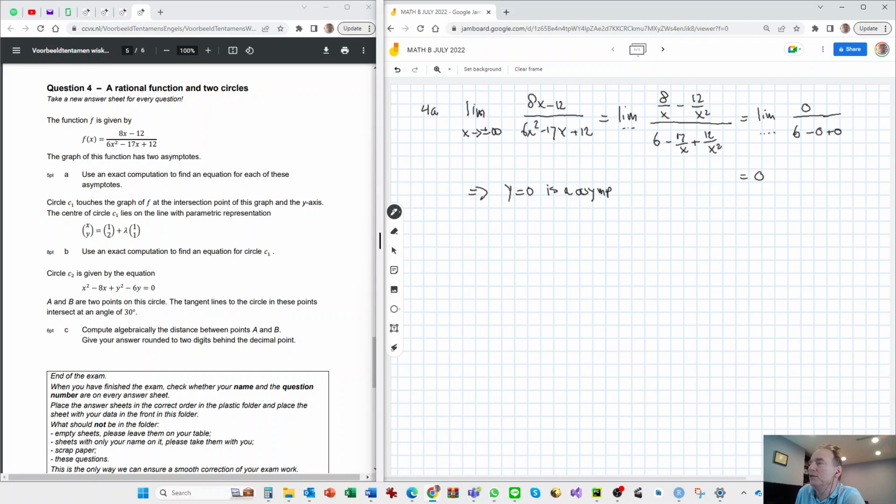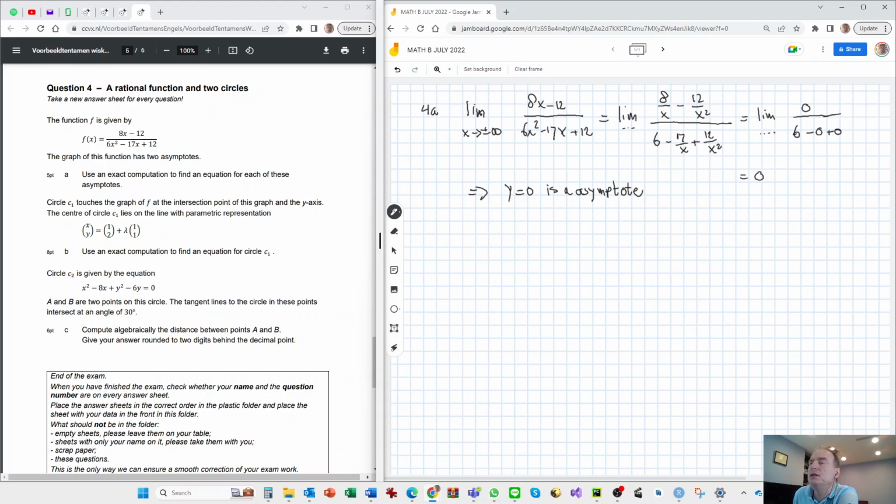So that's the behavior for plus minus infinity. And then what other thing that can happen with these functions is that the denominator can reach 0, in which case this can blow up.